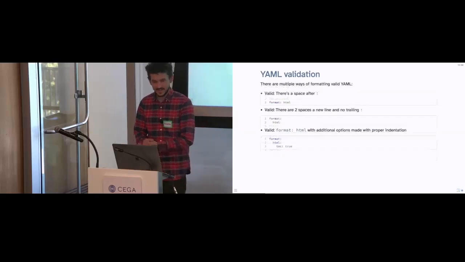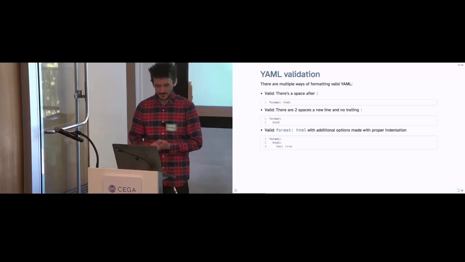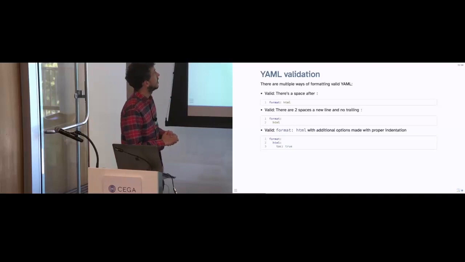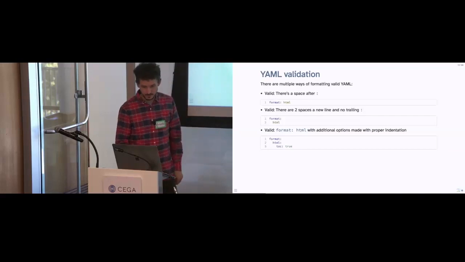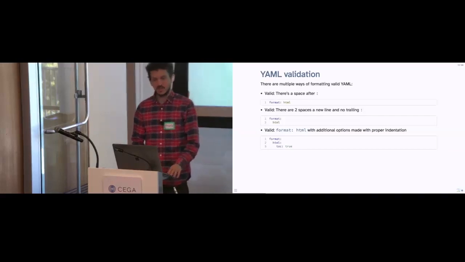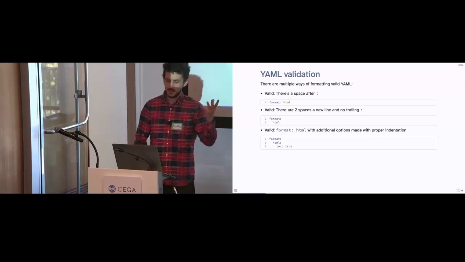So there are multiple valid ways of doing this. You can either put it on the same line, you can put it on the next line as long as you have that indentation, and then you can do the nesting as long as they follow the first two rules.